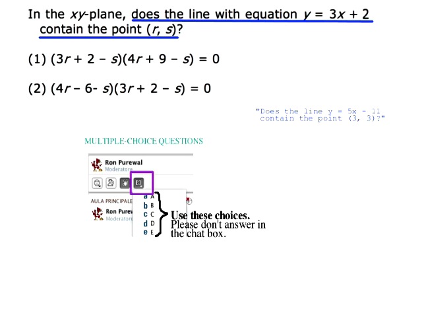Yeah, you just throw it in there. You see if it works. In this case, it doesn't, because 3 equals 15 minus 11? No, that's not true. So the point's not on the line.